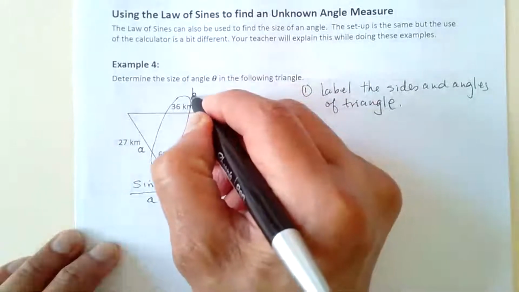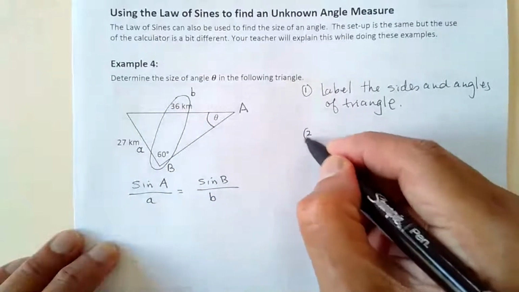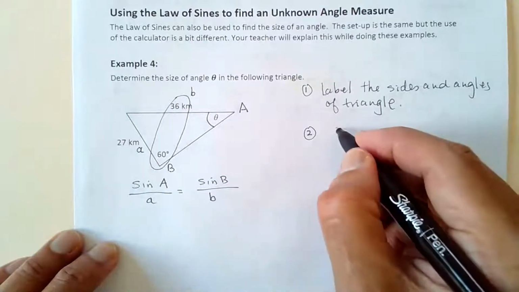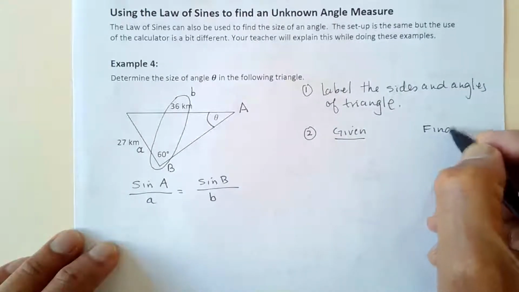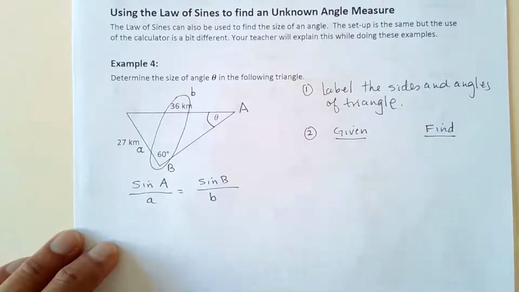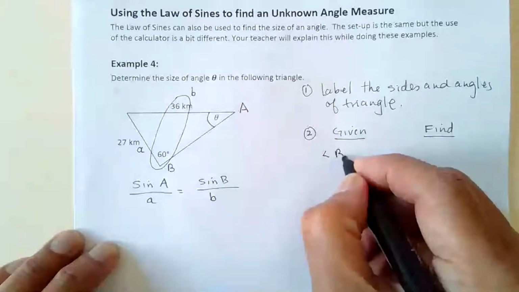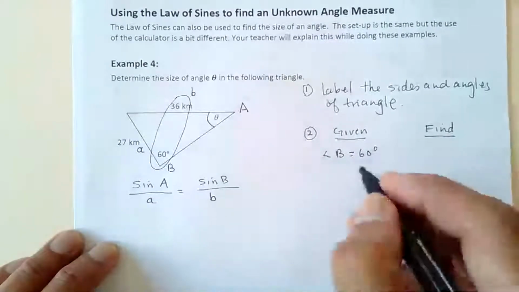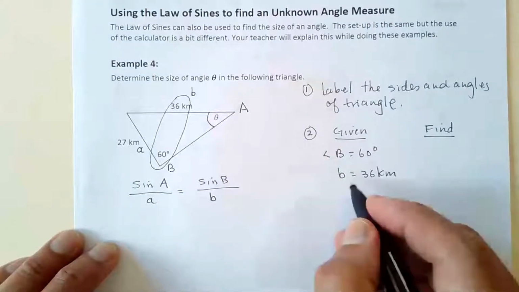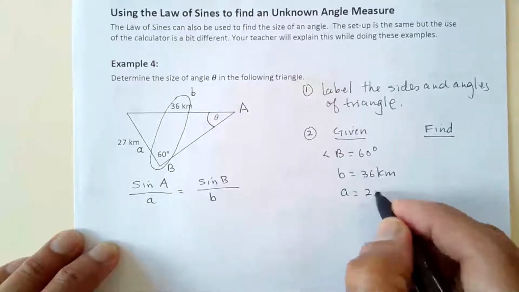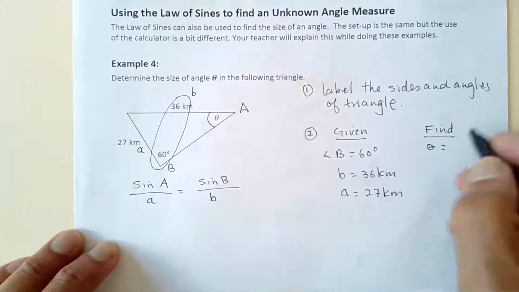This would be side B, this would be angle B. Our next step is to record what's given and what needs to be found. Given: angle B, which is 60 degrees, side B, 36 kilometers, and side A, 27. We're asked to find theta, which is angle A.